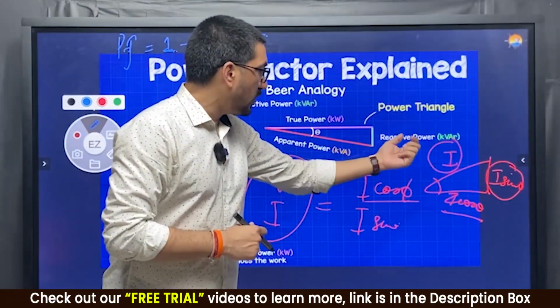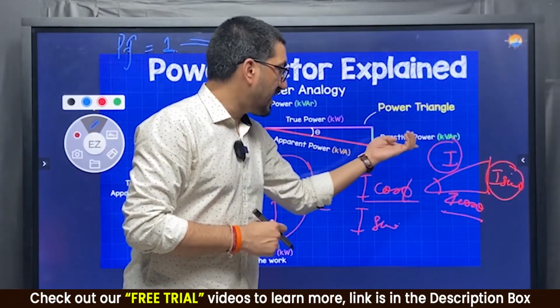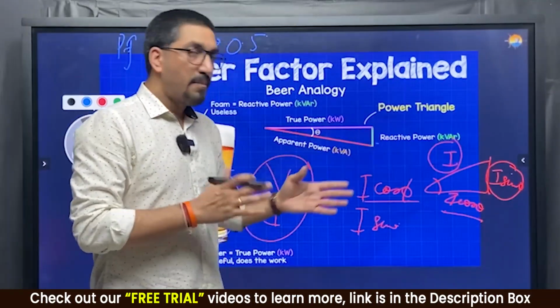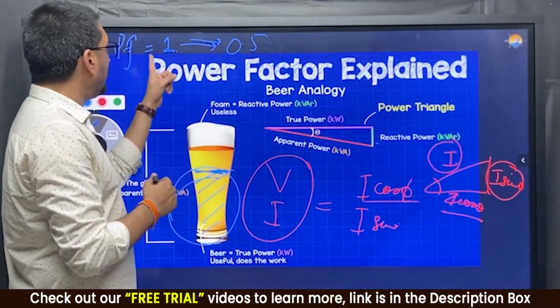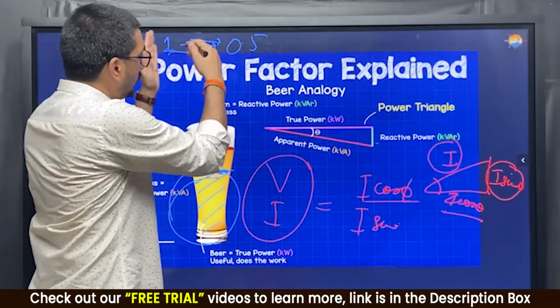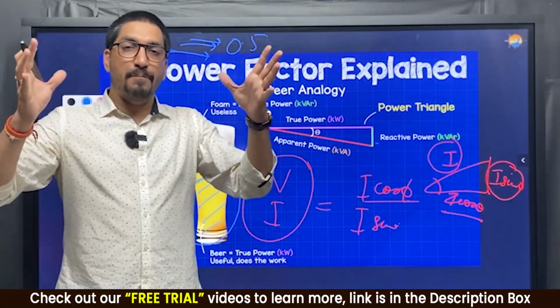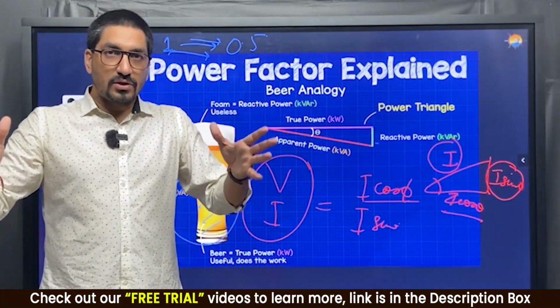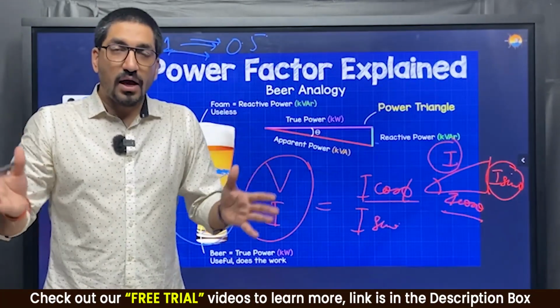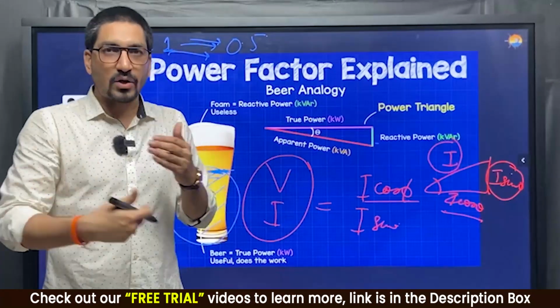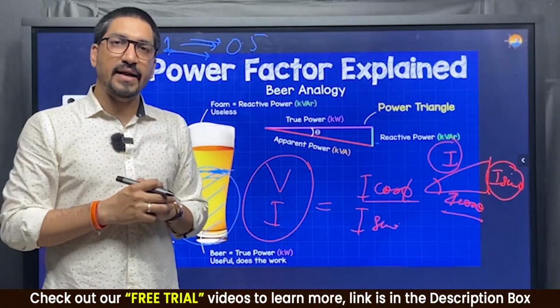This also is dependent upon the load, but yes, if the number of reactive loads are more, if the inductive loads we start more, power factor will become bad, means it will come down from 1 to some other values. So in that case, I will have to employ a bigger alternator to provide big current, and only small amount of that will be useful. Rest keeps coming back to me again and again.